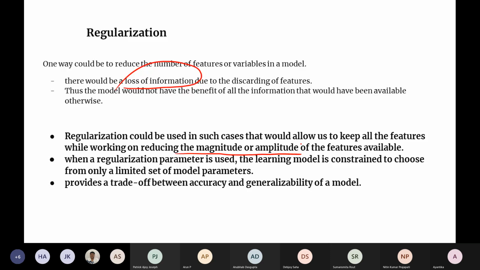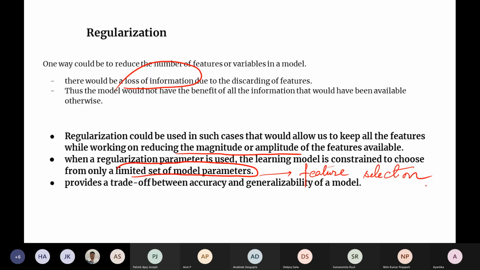I will come to an example to get the idea. When we are doing regularization, sometimes we are reducing the features, or in one extended case, we are choosing some limited set of model parameters. Sometimes you may also have heard another term, that is called feature selection.